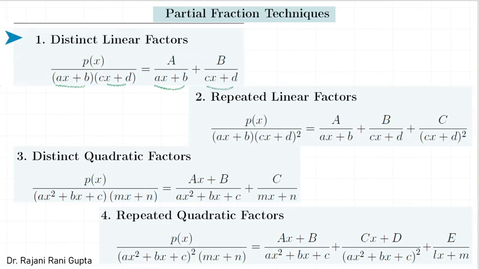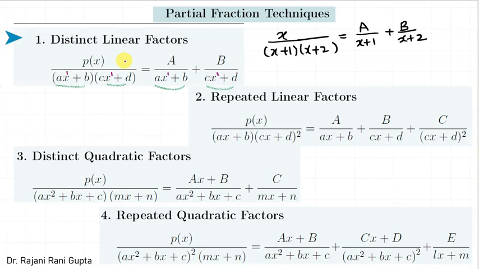For instance, if you have x over (x plus 1)(x plus 2), you can write it as A over x plus 1 plus B over x plus 2. Why am I calling it a linear factor? If you look at the power of x, it's only 1. So using this rule, this is the first thing that you have to do. The rest of the steps we will see later.